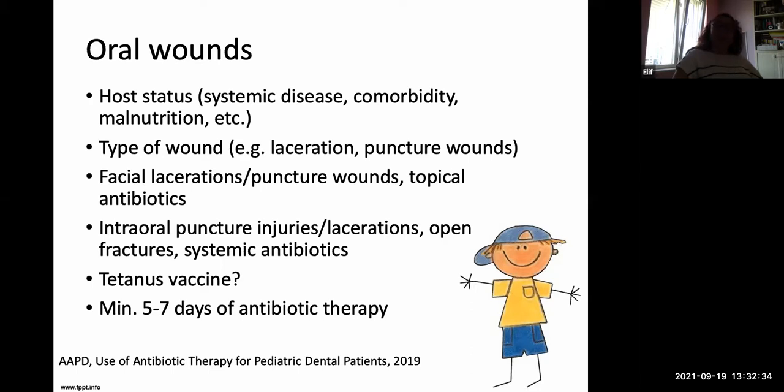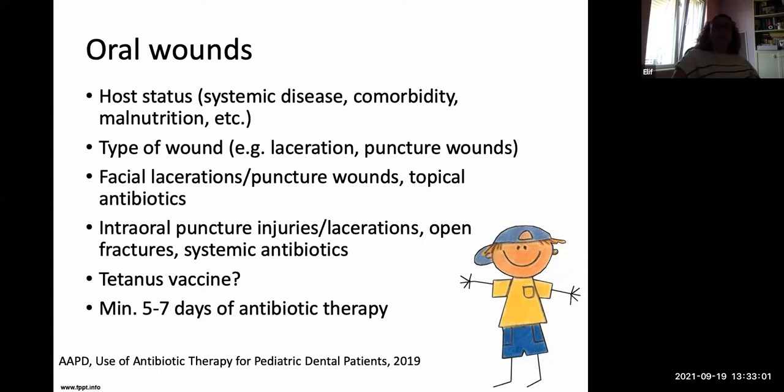There's a little difference in the prescription of antibiotics. When we face facial lacerations or puncture wounds, mostly topical antibiotics are adequate for the treatment of these situations. Whereas in intraoral puncture injuries or lacerations, or when we see open fractures, systemic antibiotics should be prescribed.